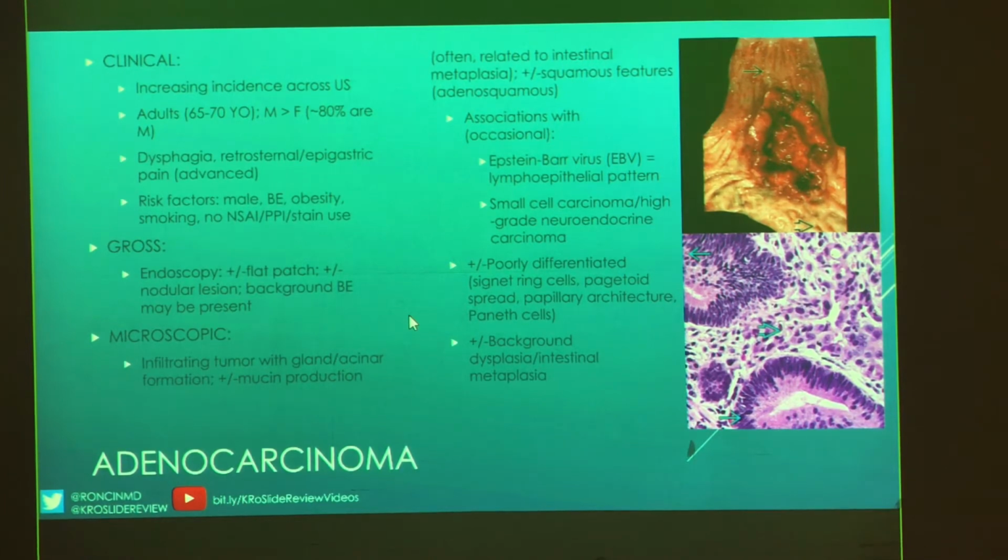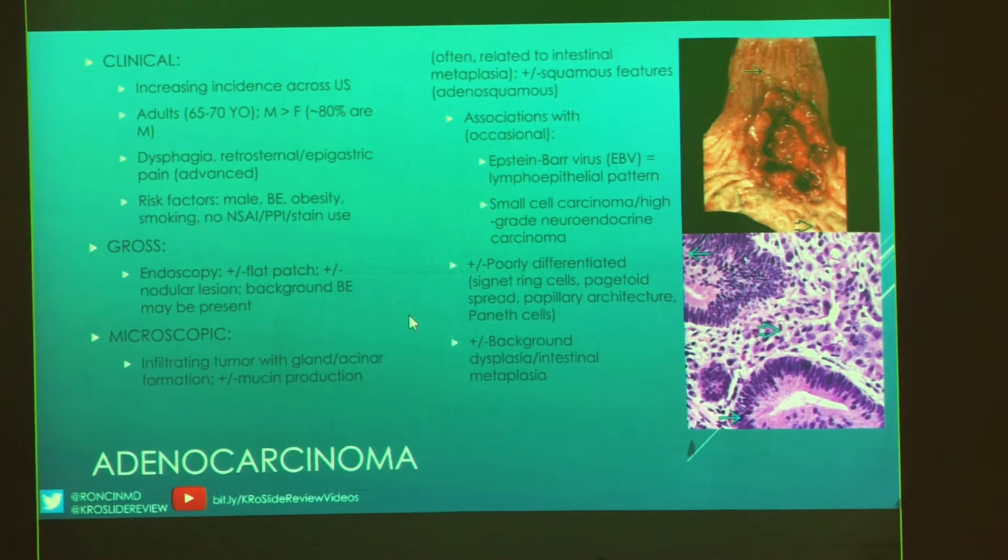The microscopic was completely different, but okay. So adenocarcinoma involving the esophagus has increasing incidence across the United States. This tends to be older adults, again, males more than females, and pretty much if you wanted to make a bet on it, it's going to be a male over a female.